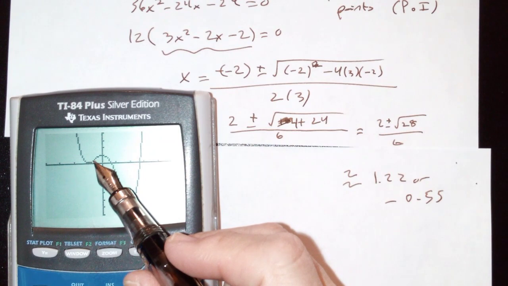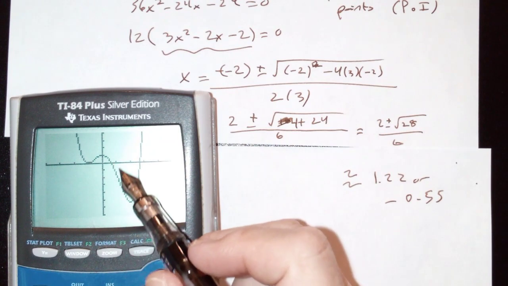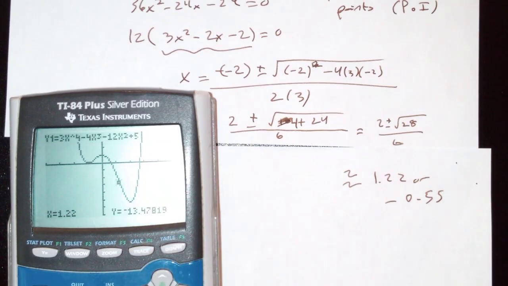There's the negative 0.55. And the other one happens down here somewhere around 1.22. There's my change between being concave down on the left and up on the right. Questions?